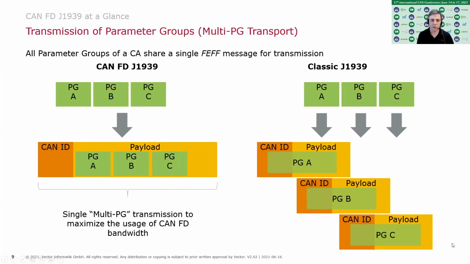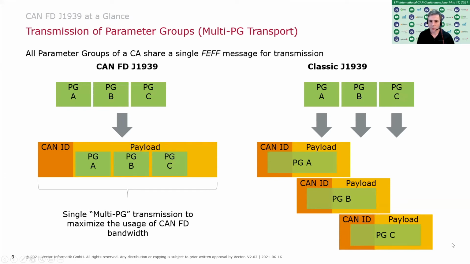If you look at the CAN-FD J1939 approach, you can see with the green boxes, they will all fit into a single CAN frame. On the other side, with classic J1939, you will see 3 individual parameter groups, and they finally end up in the CAN data frames.